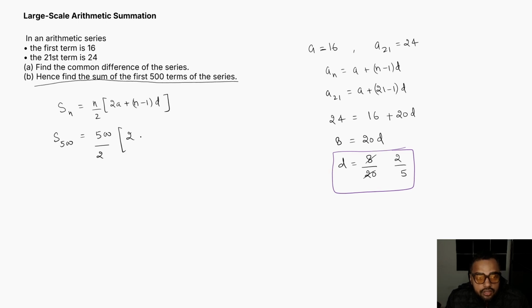2a is 16 here, so we'll replace a with 16, plus n is 500, so it will be 499, because 500 minus 1 will be 499. D we have calculated, that is 2 by 5.